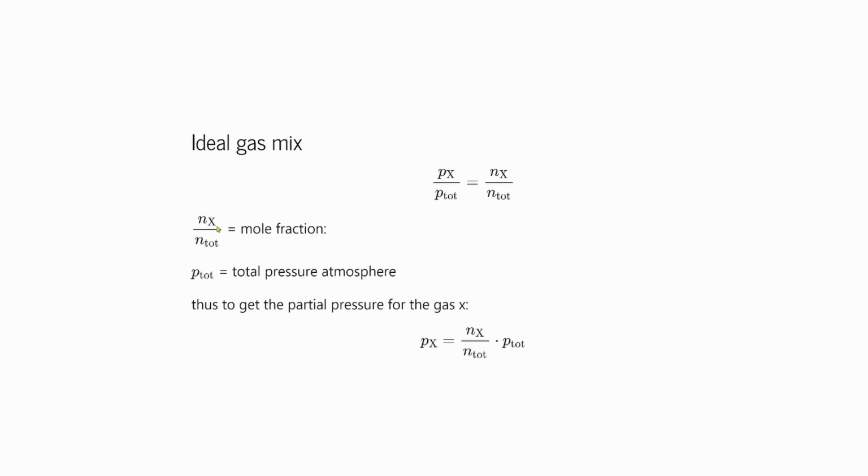So moles of this gas divided by the total number of moles for a certain volume. And then we need to know the total pressure of the atmosphere. And with that we can set it in and we get the partial pressure of the gas, so the partial pressure of CO2.